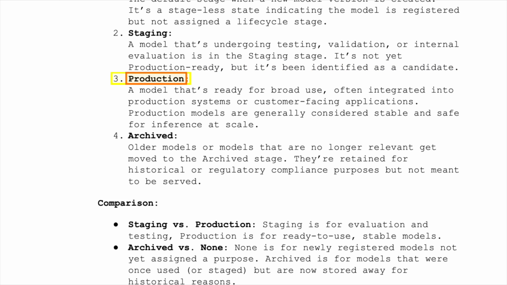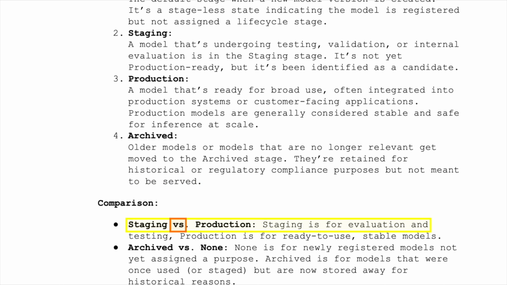3. Production. A model that's ready for broad use, often integrated into production systems or customer-facing applications. Production models are generally considered stable and safe for inference at scale. 4. Archived. Older models or models that are no longer relevant get moved to the archived stage. They're retained for historical or regulatory compliance purposes but not meant to be served.